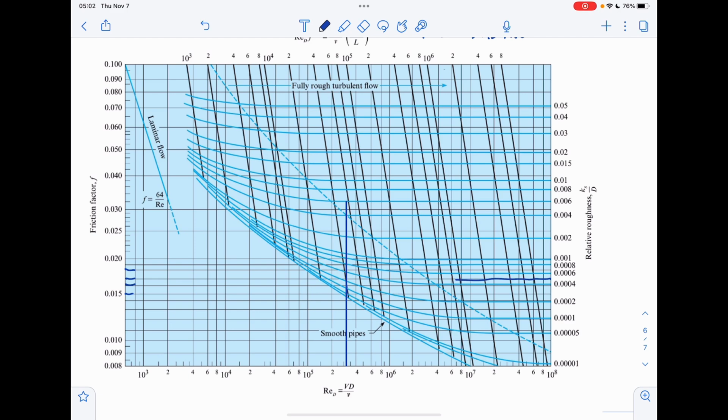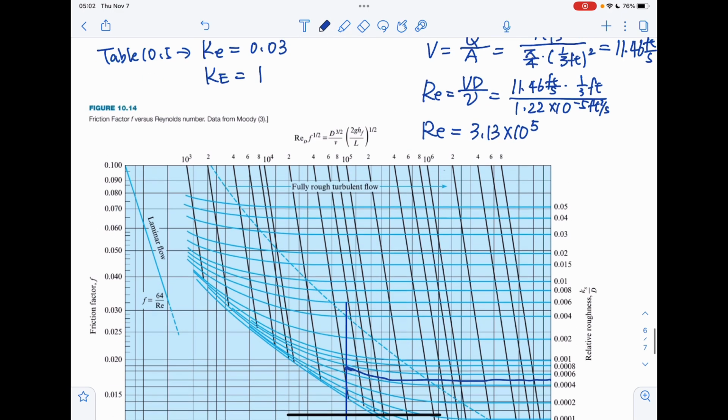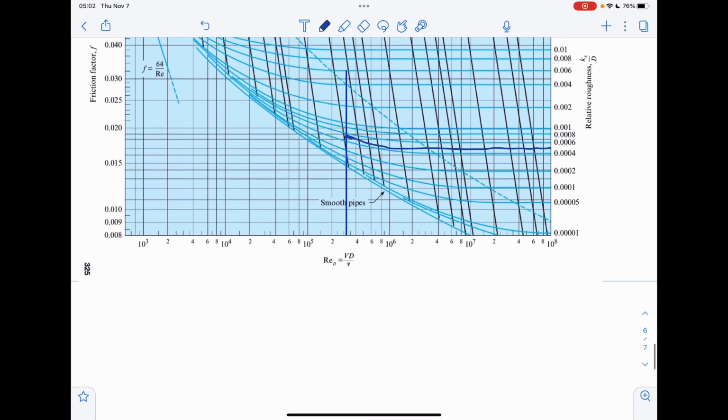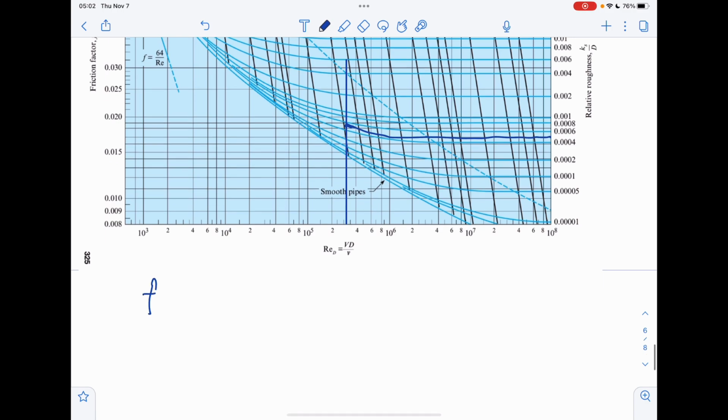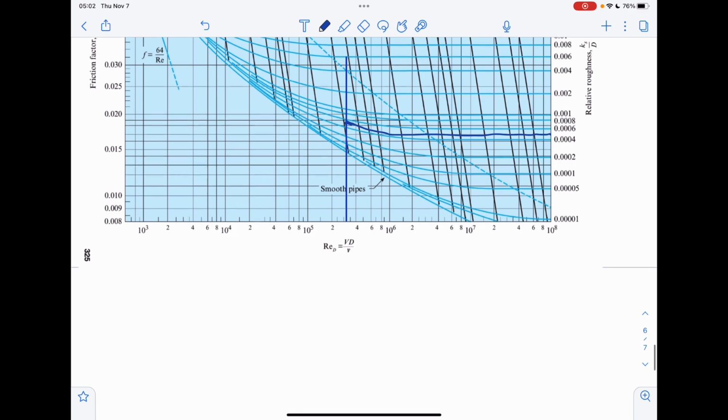We go like this, and we can find it somewhere here. It's between 18 and 19. So we're going to say the friction factor f is equal to 0.0185.